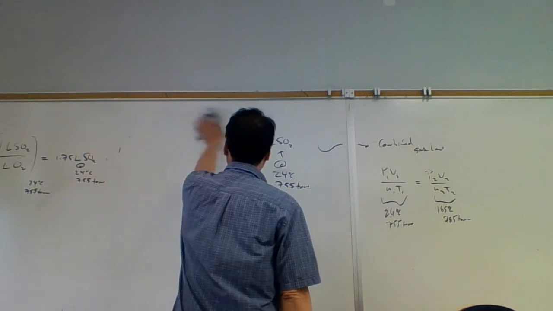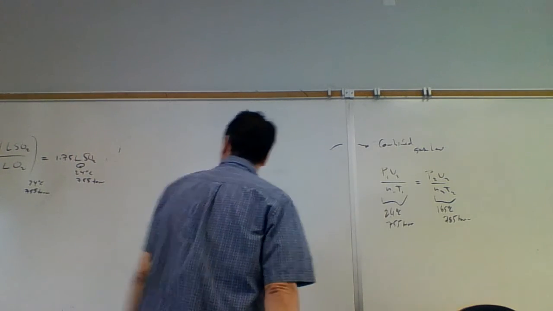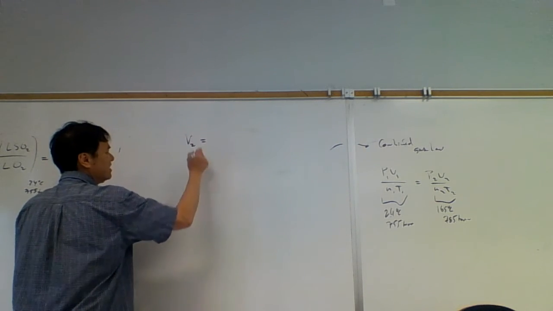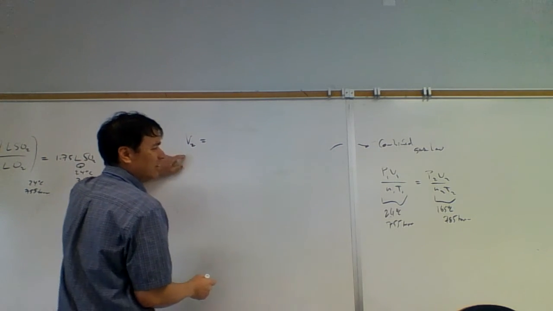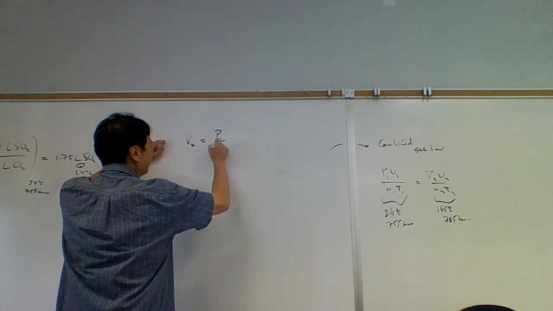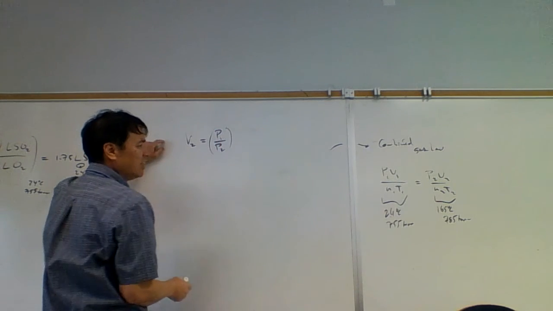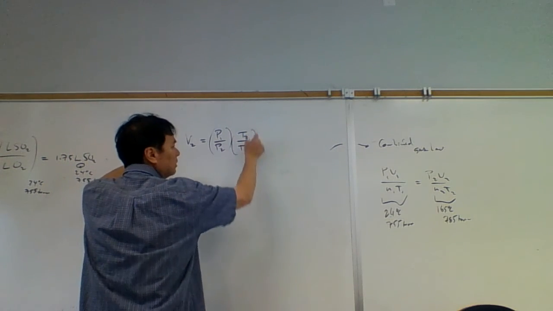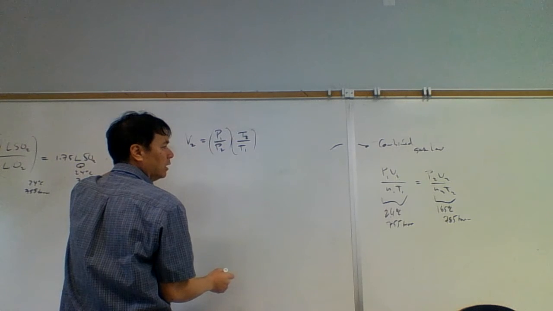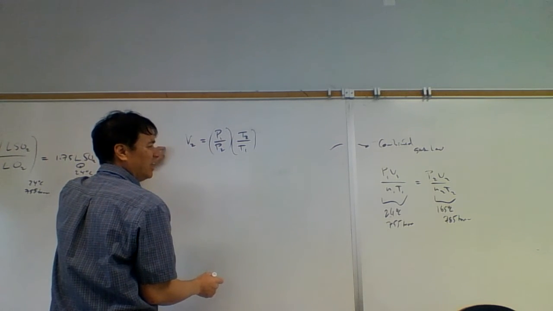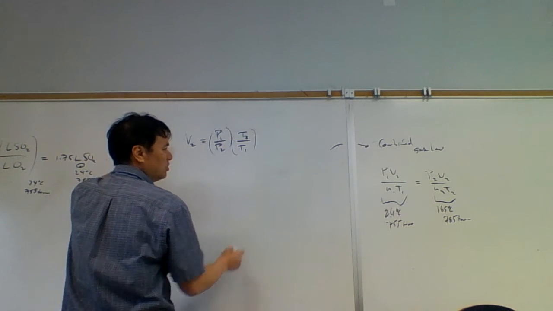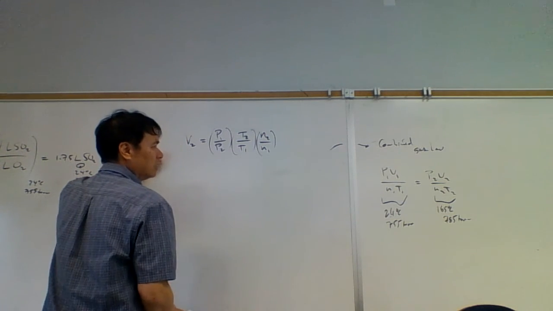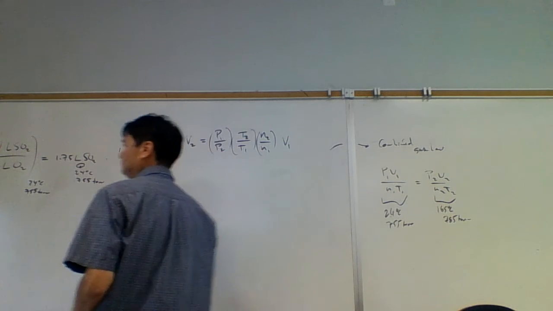And so what we're going to do is use the combined gas law and solve for V2. V2 is equal to P1 over P2, and then T2 over T1, and then N2 over N1, and then times V1.